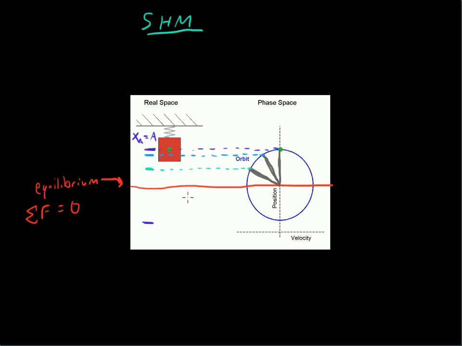So half of a cycle gets us to the other max. So this x down here would be equal to the opposite of A, the opposite of the amplitude. And then to get the full cycle, we have to go all the way back up again to the top.